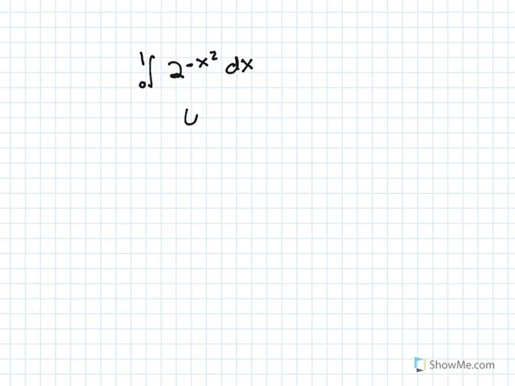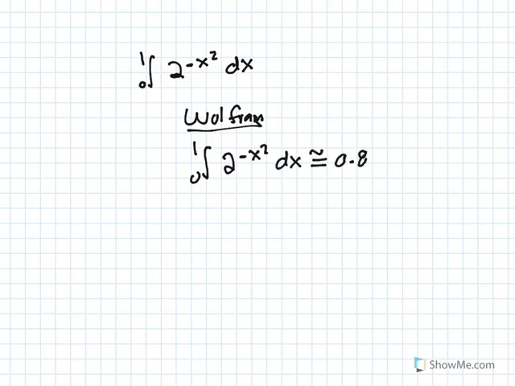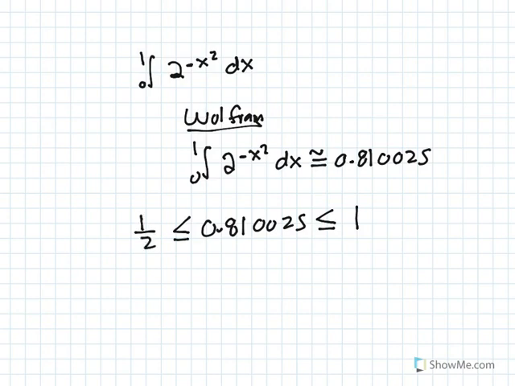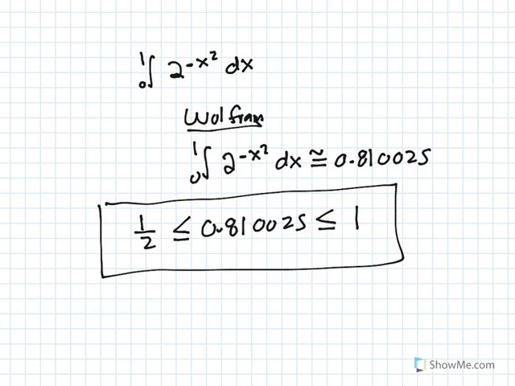But if you give this to Wolfram Alpha, or computer software, to give a very accurate estimation for the value of this definite integral, this comes out to approximately 0.810025. And you will see that it's actually between the upper bound and the lower bound that we found earlier. So 0.81 is less than 1 and larger or equal to 1/2. So this is an example of estimating a definite integral. All right, thanks.